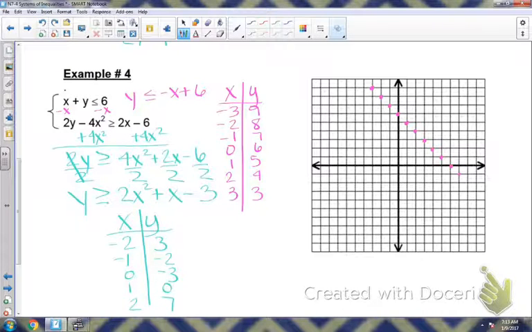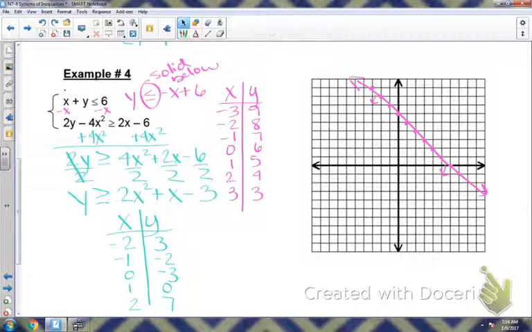And look back at your inequalities. Less than or equal to, so it will be solid. If y is by itself and it's less than, you're shading below. Extend it throughout the whole graph, and then you would shade below here.